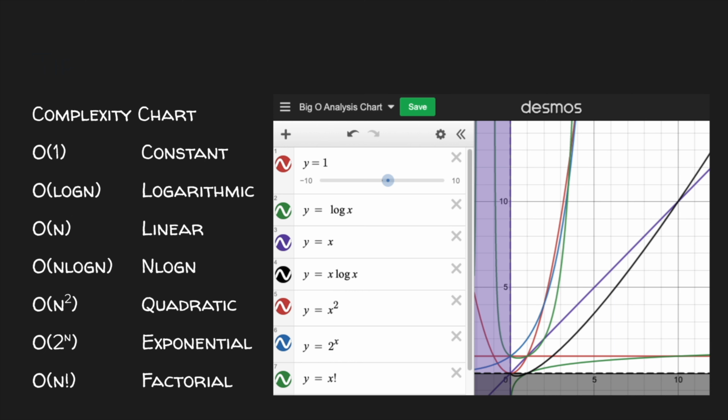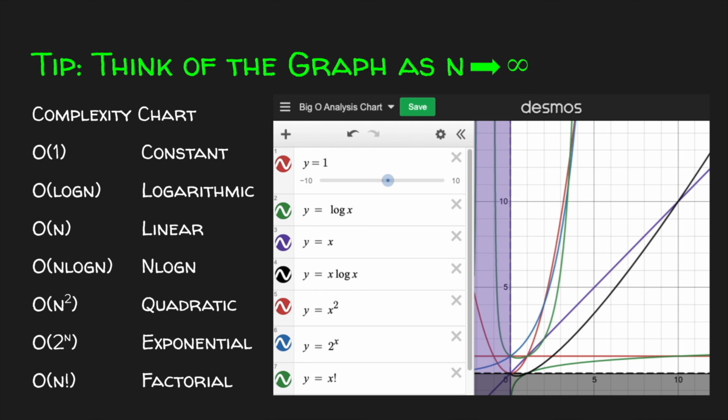What you'll notice is that as n approaches infinity, the expressions will fall in a certain order that aligns with the complexity chart on the left. So a tip is to think about the graph of the expression as n approaches infinity. This can also help you remember the two rules of dropping constant factors and lower order terms, because those things don't actually affect the shape of the graph as n approaches infinity.